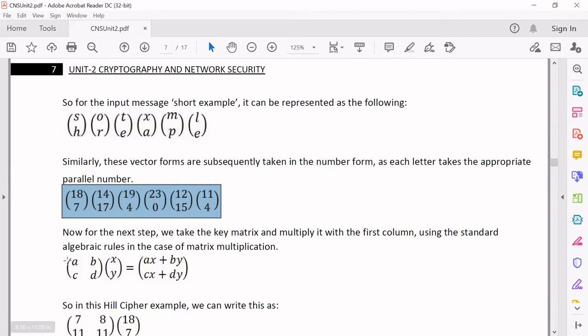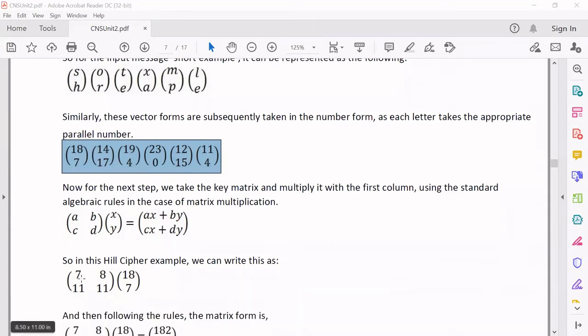So we are multiplying, it will be in this form, row value, column value. So you are multiplying AX plus BY, that will be in the first row, CX plus DY, that is in the second. Okay, same concept is how we will be using to multiply with the numbers.